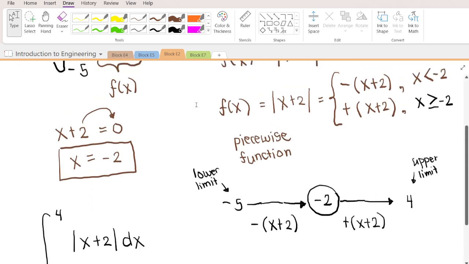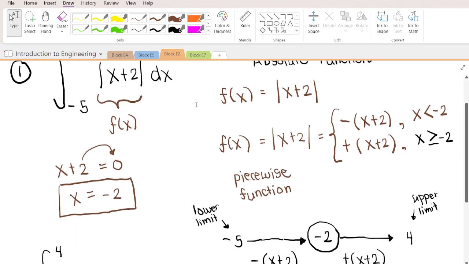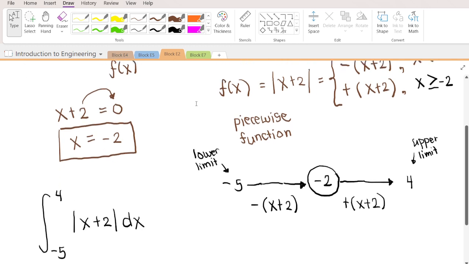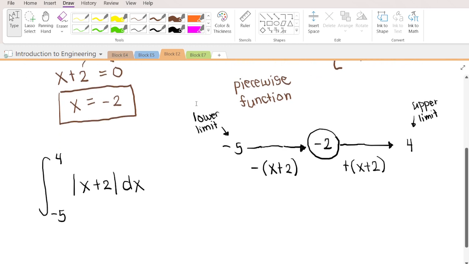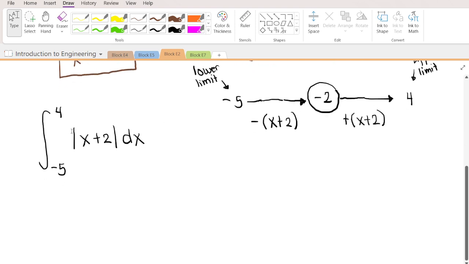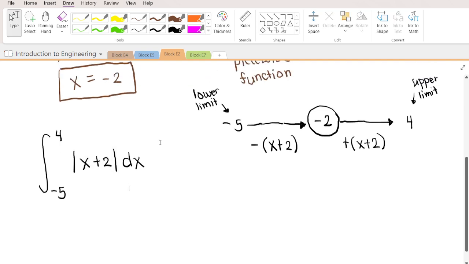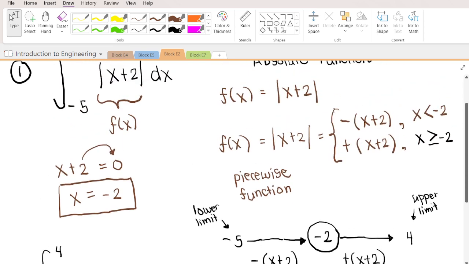Because again, the absolute function is composed of two piecewise functions. So that will be our consideration for the next steps during the integration. Because again, you cannot integrate the absolute function right away by just removing the bars. So what you are going to integrate later are these functions here, and of course, they are based on the range.